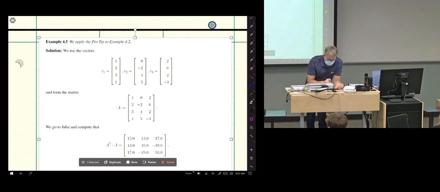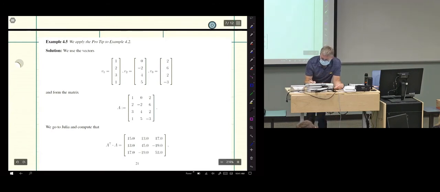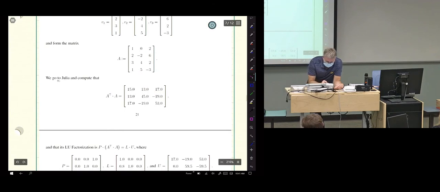Okay, so here's the three vectors that we had: V1, V2, V3. We just put them into the columns of A. We go to Julia and we calculate A transpose A. So that's 3 by 3, right?